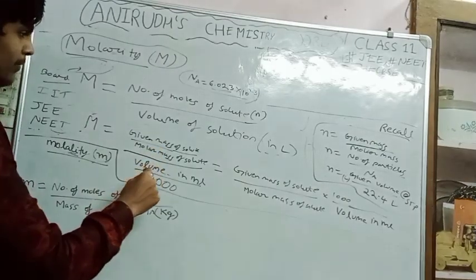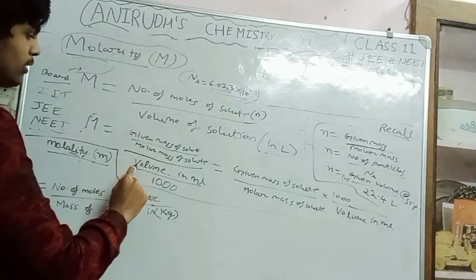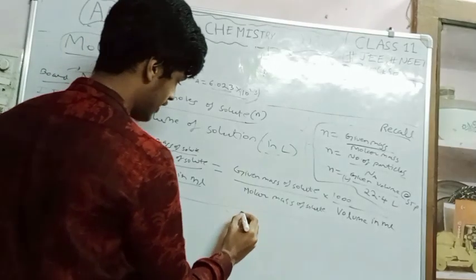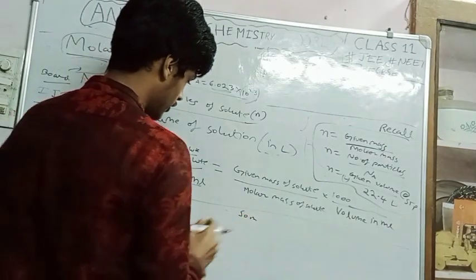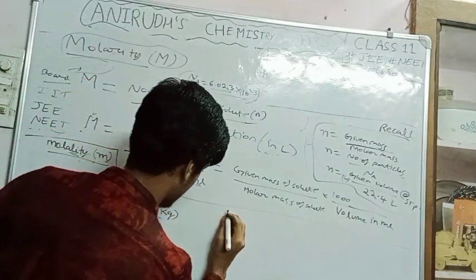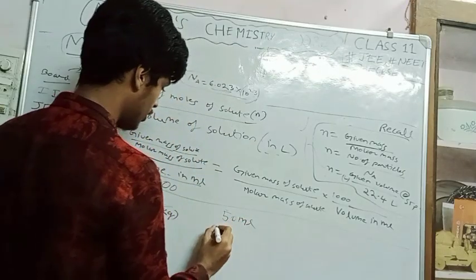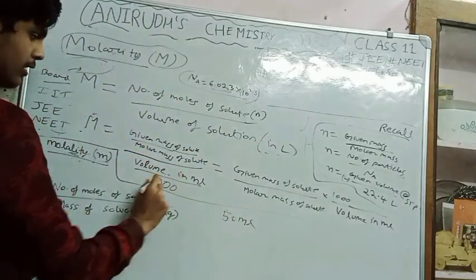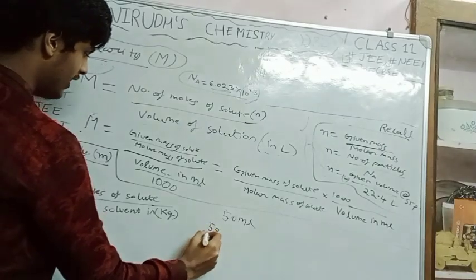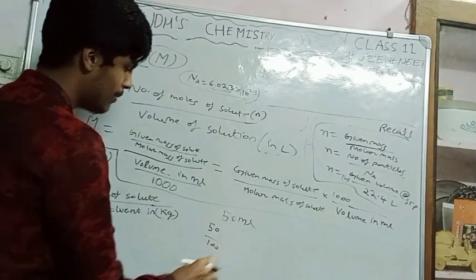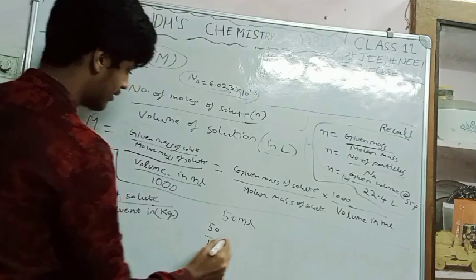In that case, suppose 50 ml is given, you need to divide the volume in ml by 1000, so that you are converting 50 ml into liters.